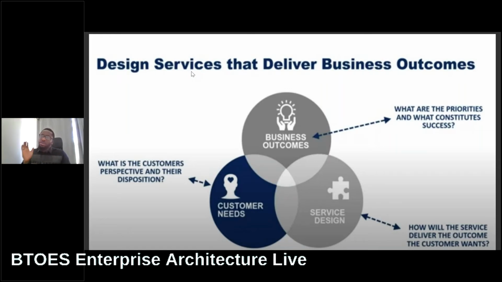Now, by service design, we just mean how the set of services that you have defined plug together, and how they also operate on their own. A customer or a stakeholder or a partner, whatever you call him, may not need all the services in your portfolio. What he may need is just a bit of your services, and he should be able to go for that bit and meet his desired outcomes with it.